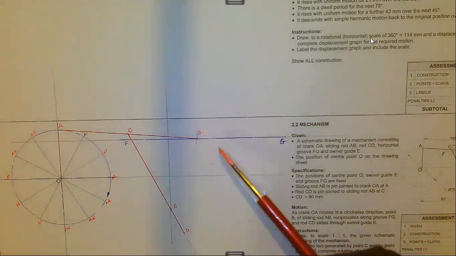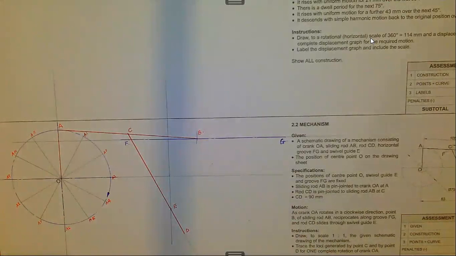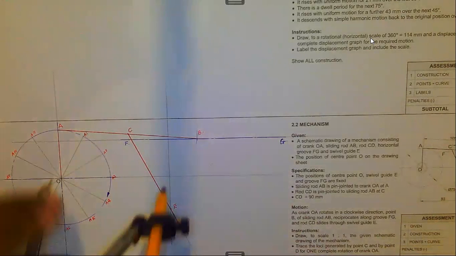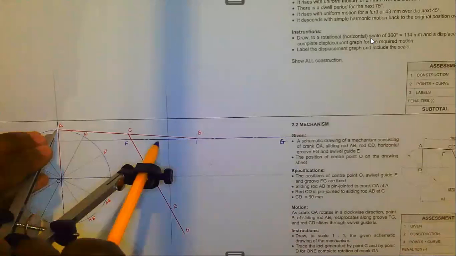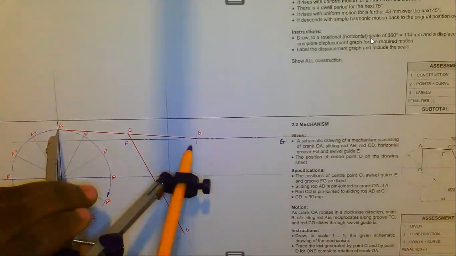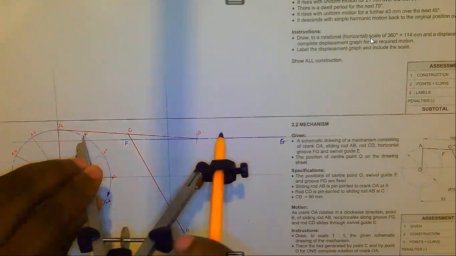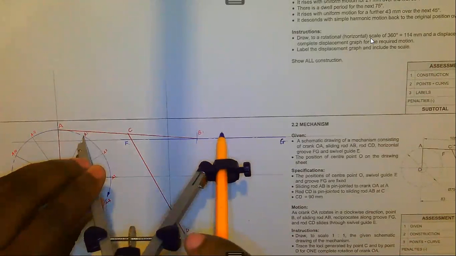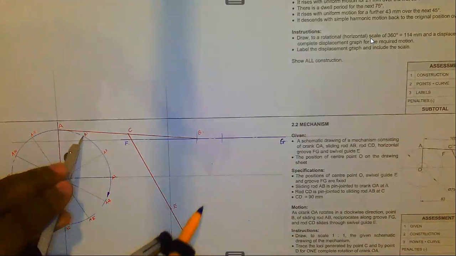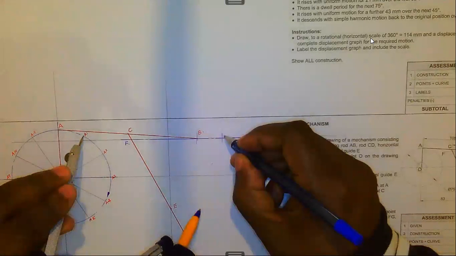Once we have done that, we now look for the new position of point C as well. Right, so let's start with this. Take distance AB, you stand at the new position of A, and strike an arc like that. That would be B1.